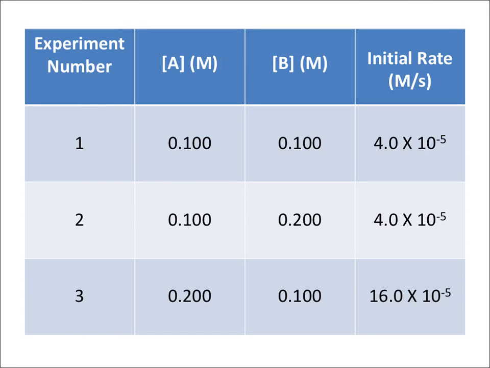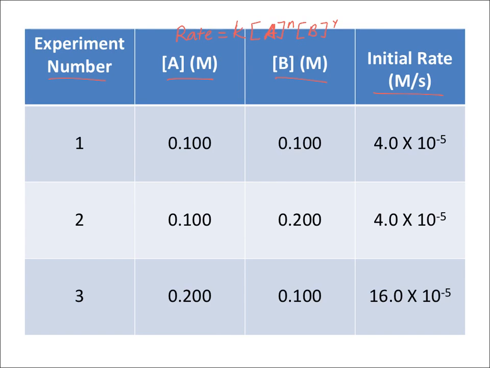So this is the data table that you would be receiving for any practice questions that we'd be doing. You'd be given a set of experiments, the initial concentrations of any reactants involved, and the initial rate of the reaction. Recall from the prior lesson that a differential rate law takes the form of rate equals lowercase k, which is a rate constant, times the concentration of any reactant raised to a certain order, multiplied by the concentration of another reactant raised to another order.